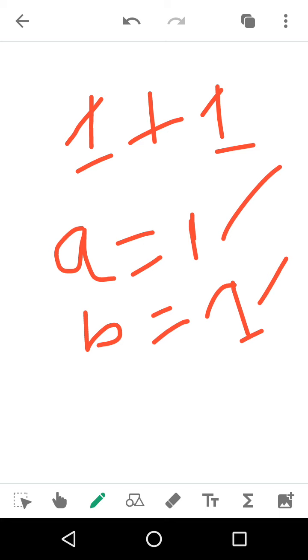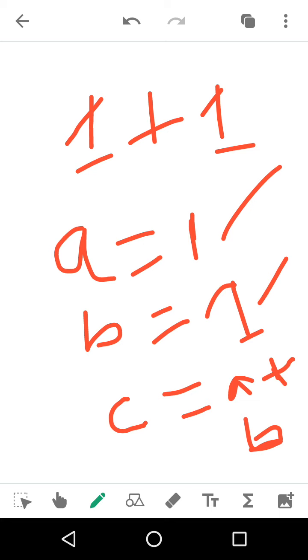Then you take a variable c, and you declare that c equal to a plus b. Now what will be the answer?